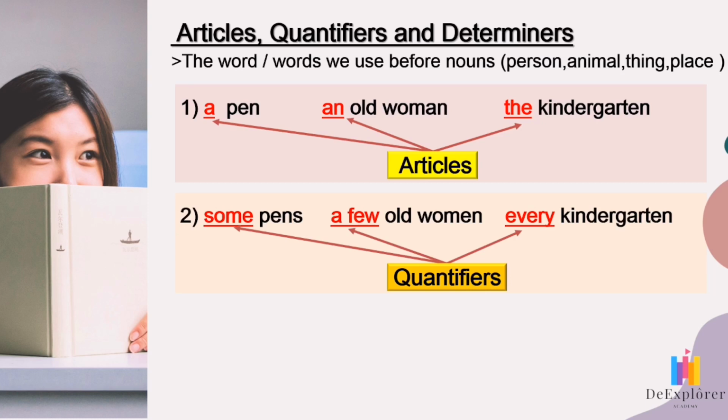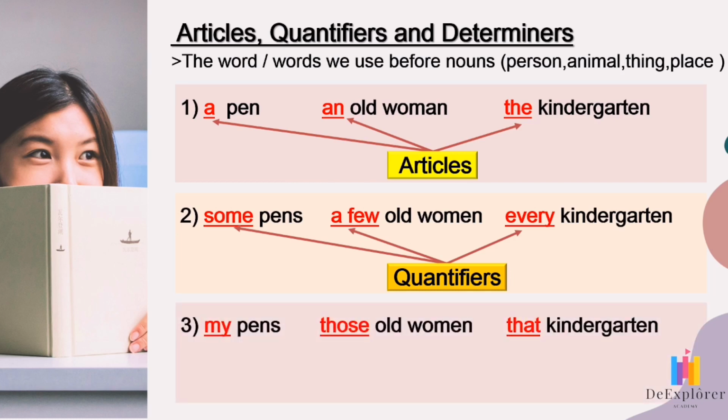They tell us how many. Okay, the quantifiers means 可以跟我们讲有几个 right 有几多 some 就是有一些 right 多过一只的 pens right some pens a few old women okay a few old women so a few 就有几个老太婆几个 right okay, and every kindergarten so 每个 kindergarten see so these words some a few every they are called quantifiers.